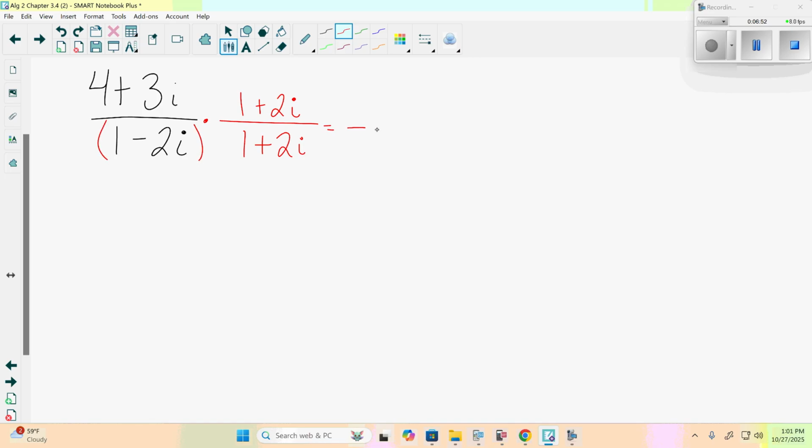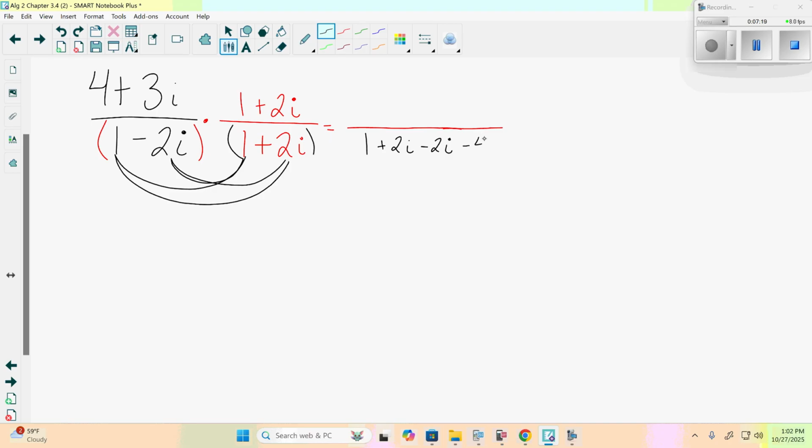Now at this point, we're going to focus on the denominator first. So when we multiply this out, we're going to distribute. We're going to do 1 times 1 first, which is just 1. 1 times 2i is going to be plus 2i. Negative 2i times 1 is going to be negative 2i. And negative 2i times 2i is going to be negative 4i squared.